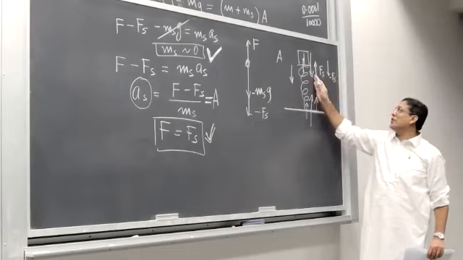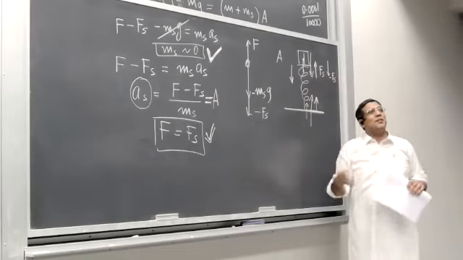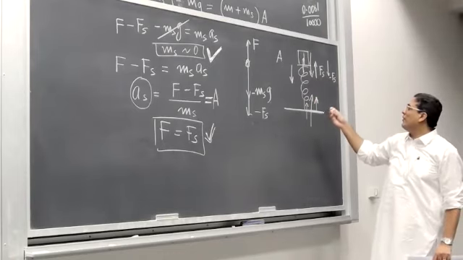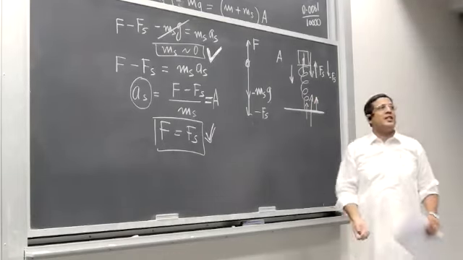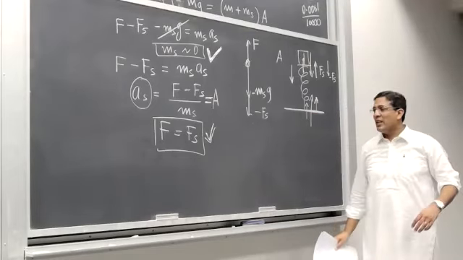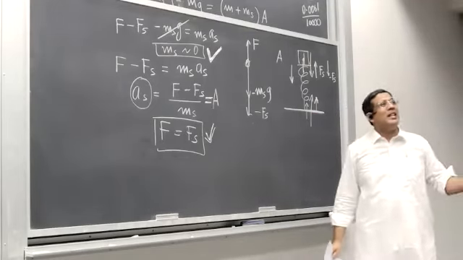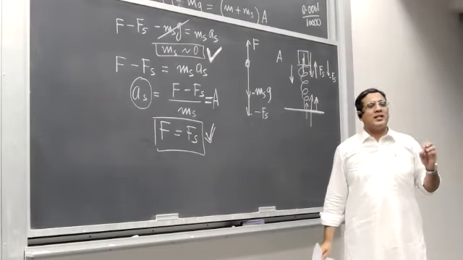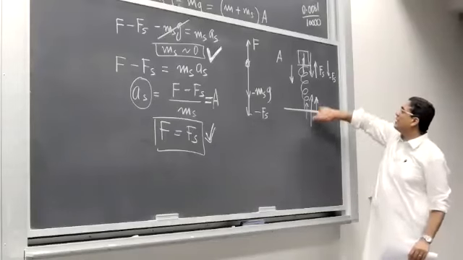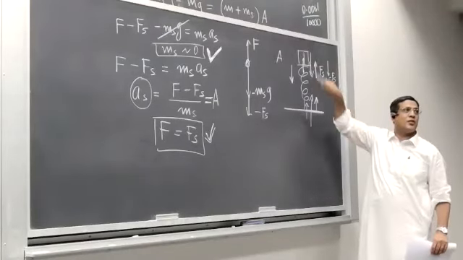So it's a perfect transmission. When we deal with problems where we have ropes or springs, and sometimes you read in the problem statements that the rope is elastic or is non-stretchable, all those special cases or warnings are to give you an idea that there is a perfect transmission of the force.